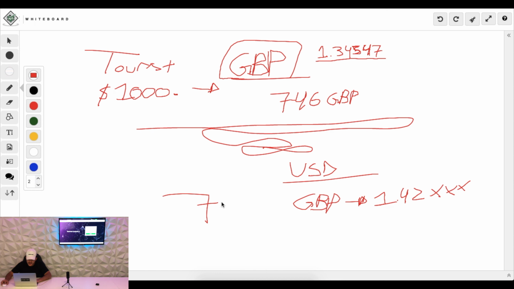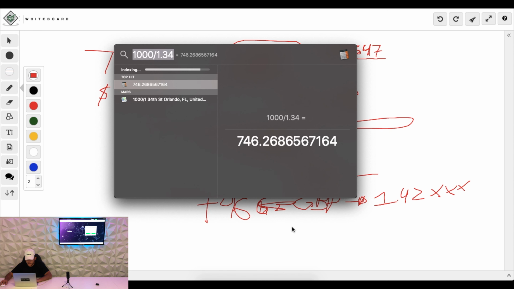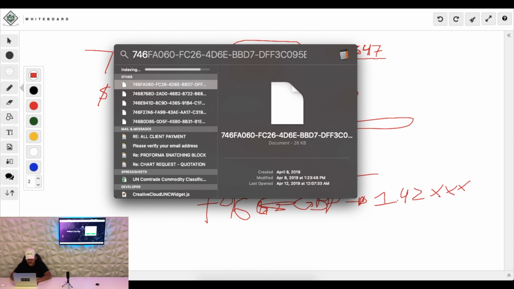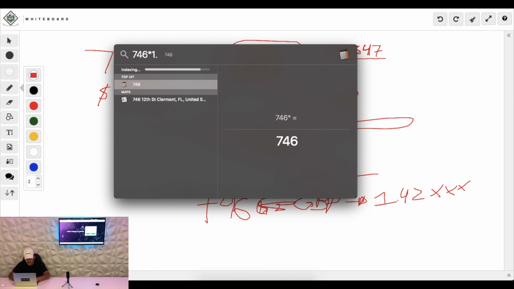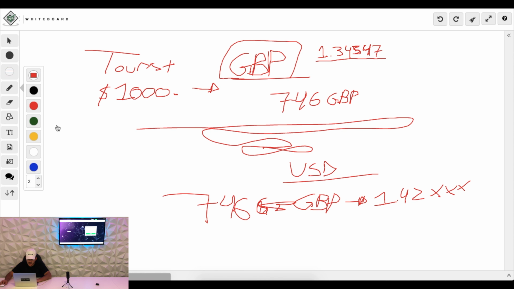If we still have our 746 GBP, we can simply do the reverse math. That would be 746 times $1.42, which gets us to 1,059 more or less.